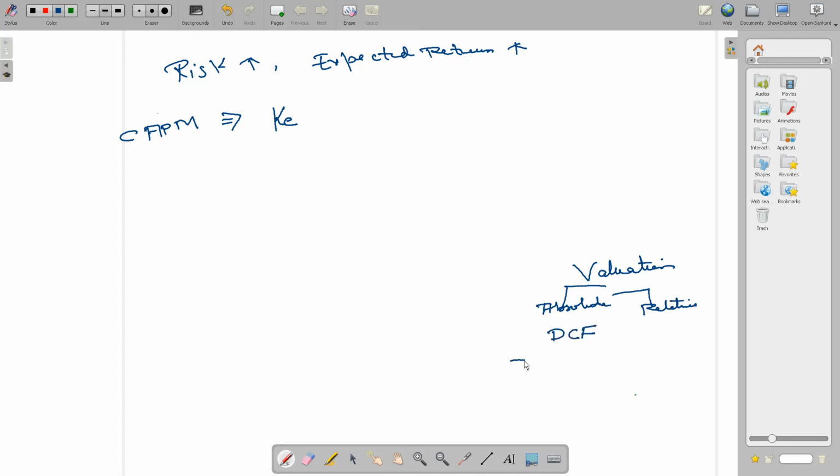DCF is the discounted cash flow. That is the sum of all my future cash flow, that is cash flow I, where I is the period under consideration, divided by my cost of equity.